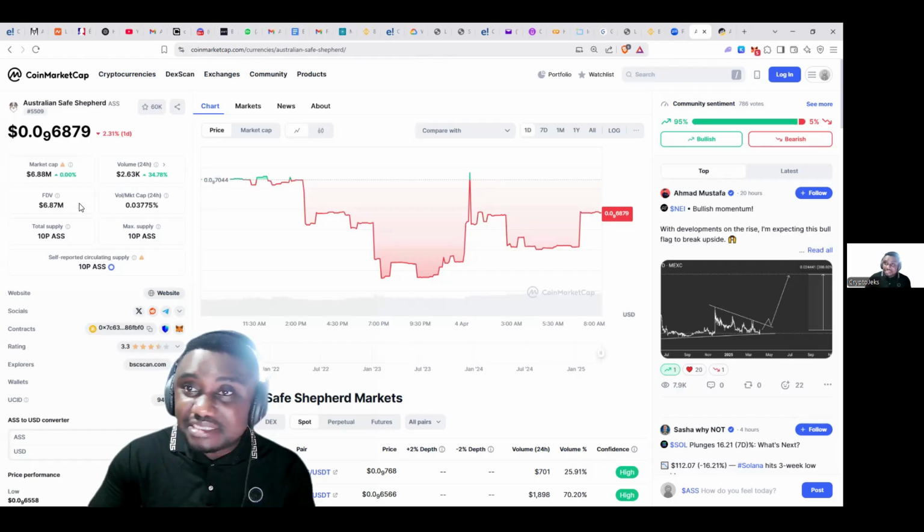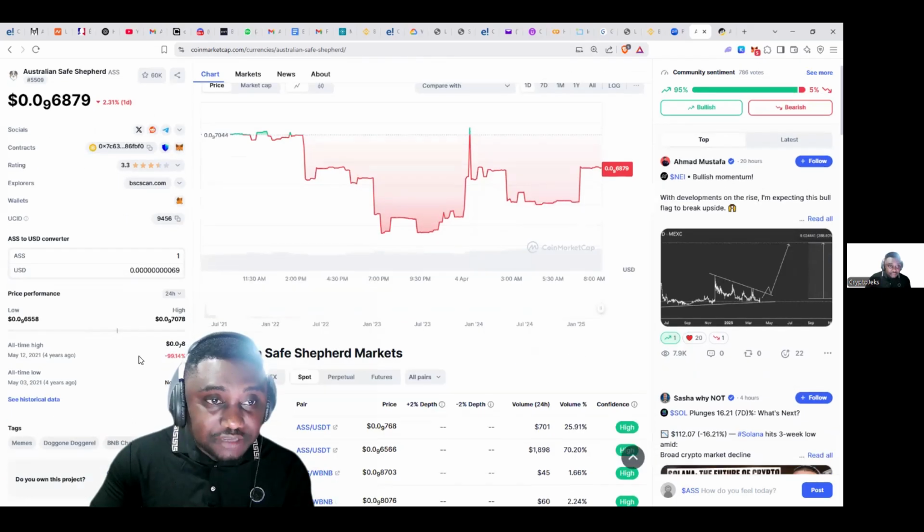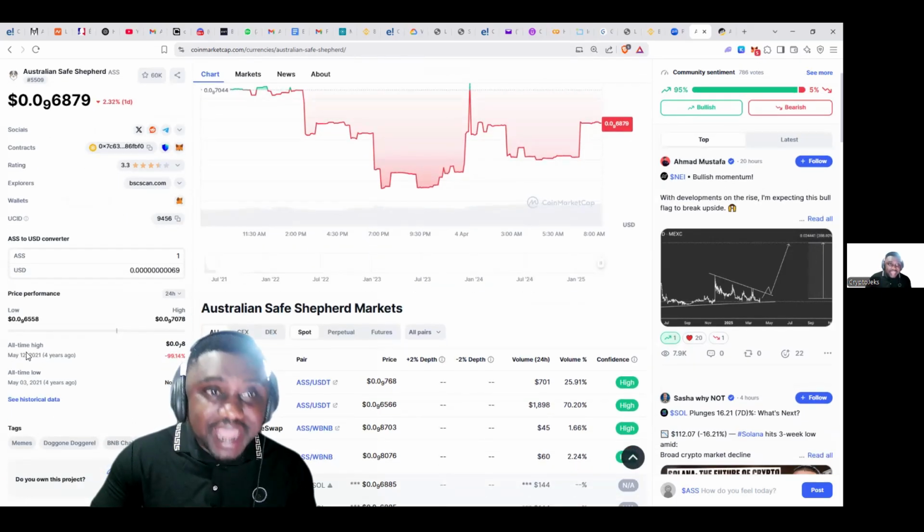And if you buy this kind of coin, you might have to wait forever. Imagine, since 2021, you can see the all-time high was on May 12th of 2021. That's about 4 years ago. It went to this price.